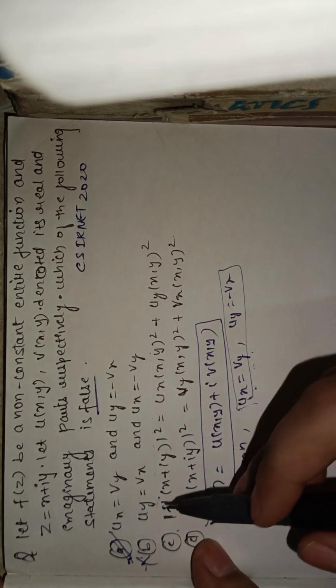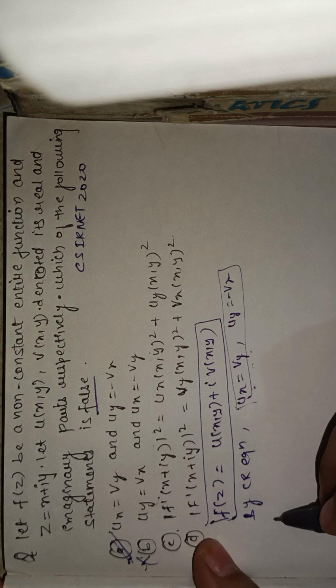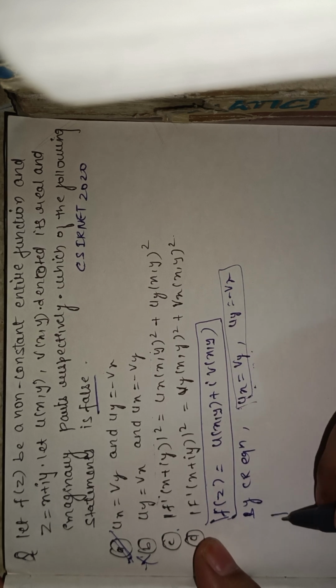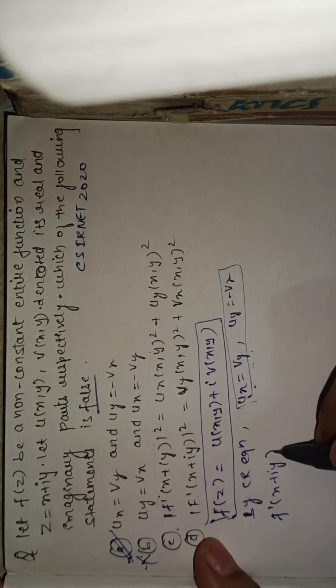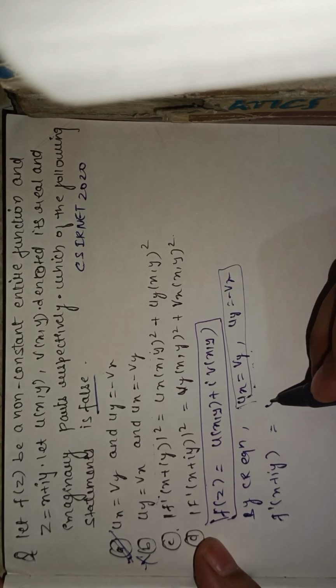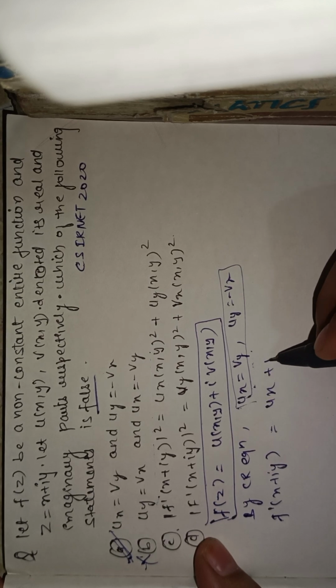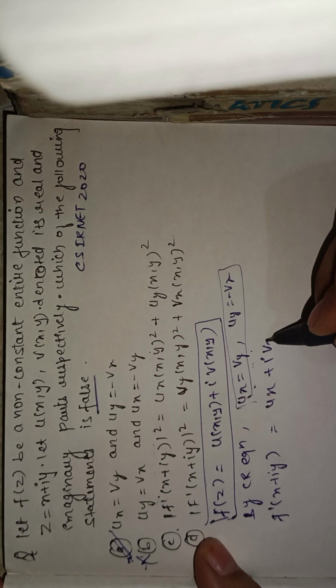And the fourth option here, f'(z) is equal to, if we differentiate this, what do we get? ux + i vx, right? We know that the function is satisfying the CR equations.